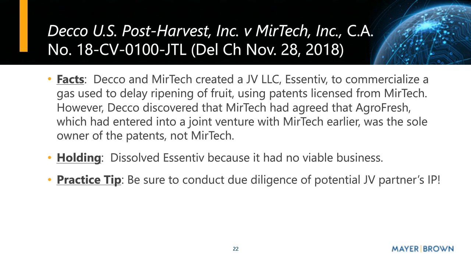Deco filed suit to dissolve Ascentive after Mertec spurned its proposal to dissolve voluntarily based on the company's loss of its sole technology. So this case is very much about the importance of due diligence. Of course, hindsight is 20/20. But there's no doubt now that the agreements between Mertec and AgroFresh should have been reviewed carefully and the relevant patents thoroughly reviewed for IP ownership issues.